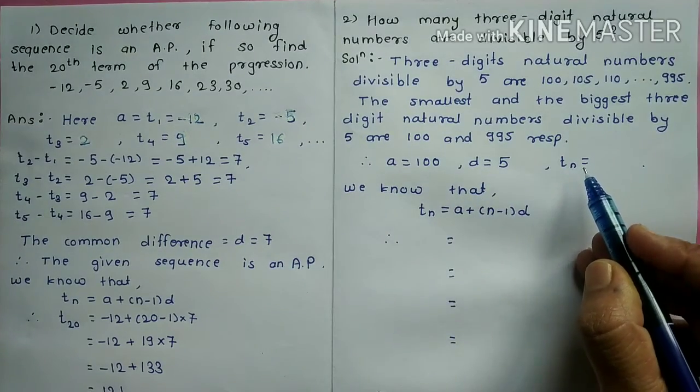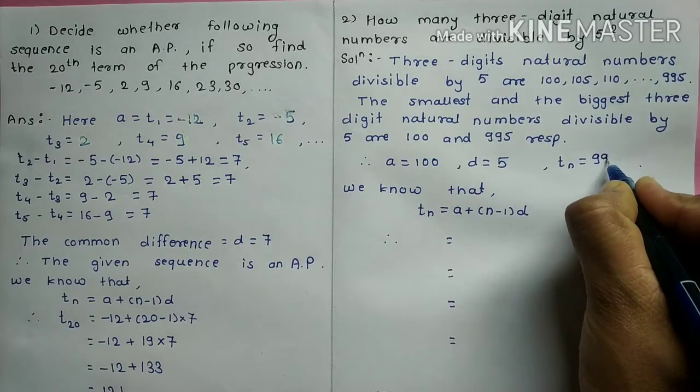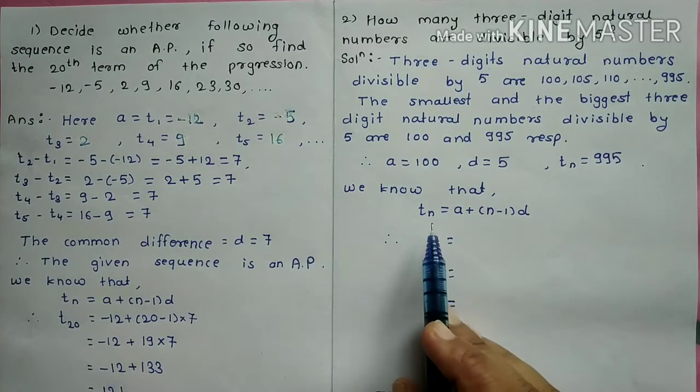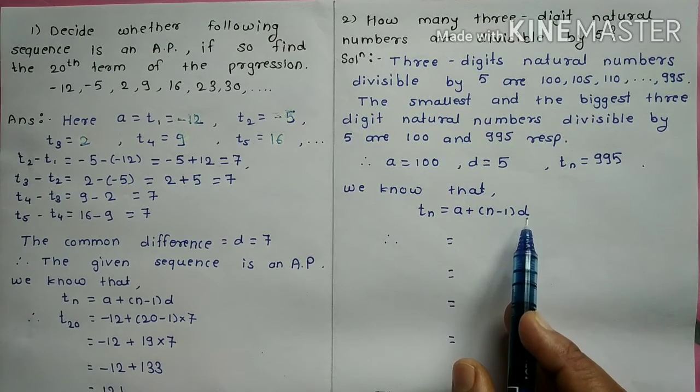And Tn means the last term, which is 995. We know the formula for Tn is A plus n minus 1 D.